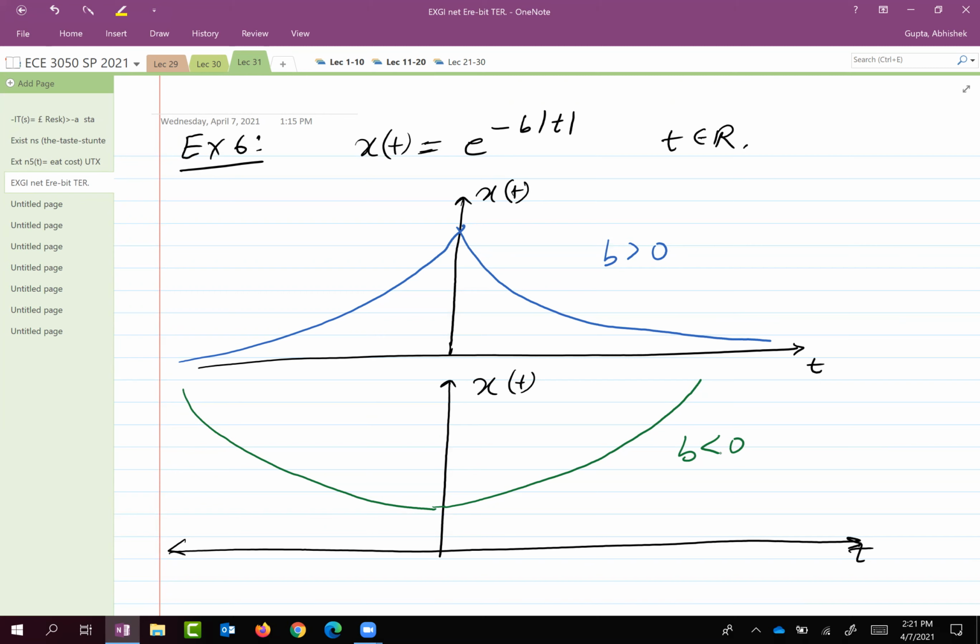So this is the situation where the region of convergence will actually be a strip parallel to the j omega axis in the s plane. Any question?